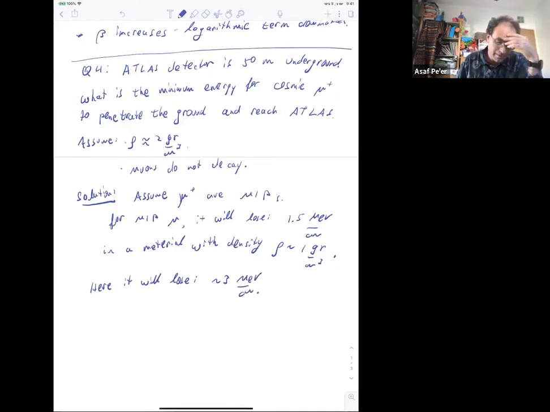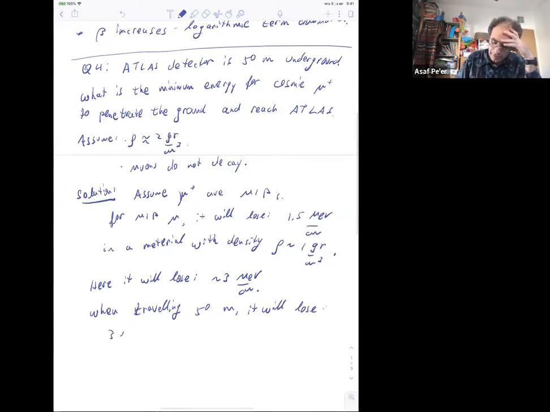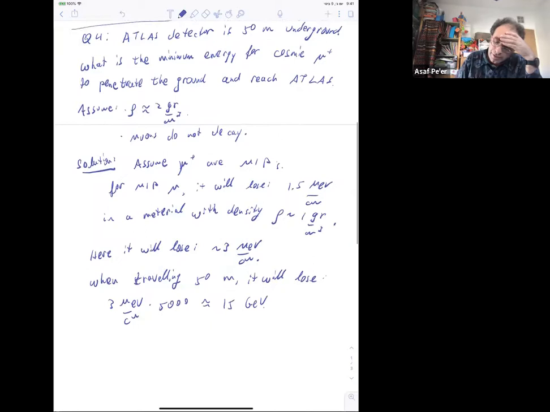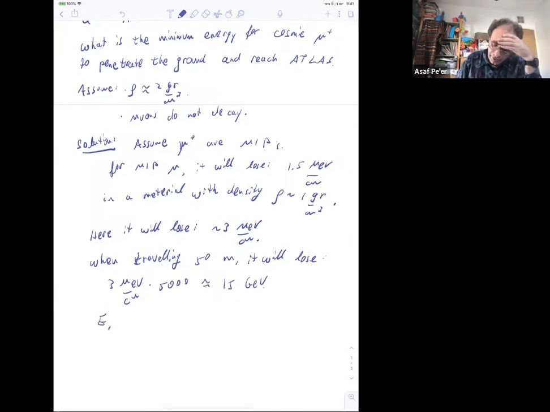So when traveling 50 meters, it will lose like 3 MeV per centimeter times 5,000 centimeters, which is 15 GeV. We can take the minimum energy to be roughly 15 GeV.